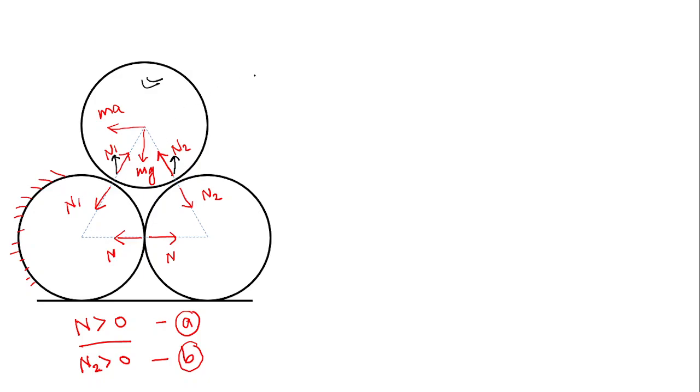So we can clearly say n1 plus n2 times cos 30 degree, which means root 3 by 2, root 3 by 2 should be equal to what? Vertical force is what? mg. Should be mg. This is the first equation.